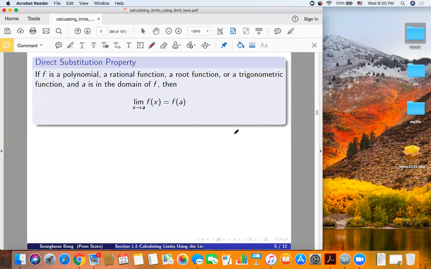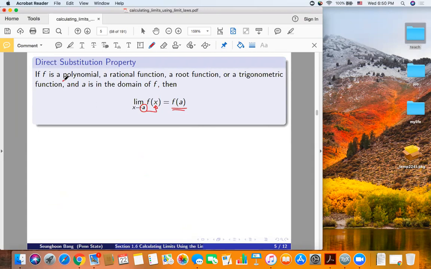Only plug in a. We call that the direct substitution property. You plug this a value in, and the answer is f of a. This is a shortcut for solving many kinds of problems.